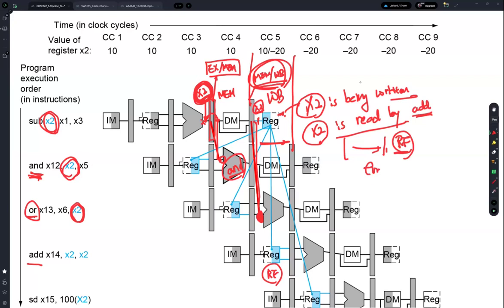Okay. So the add instruction can read this data, the X2, because the register file can support internal forwarding.